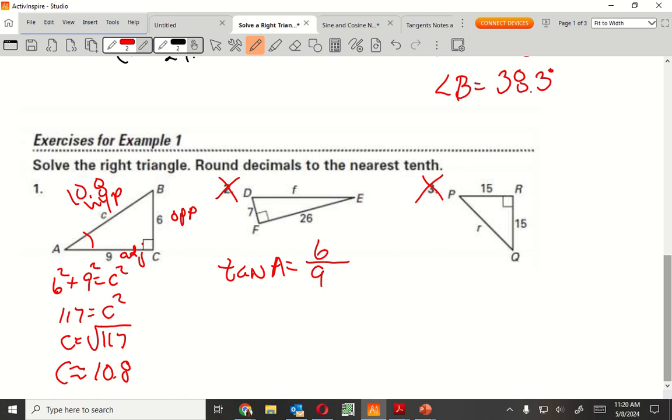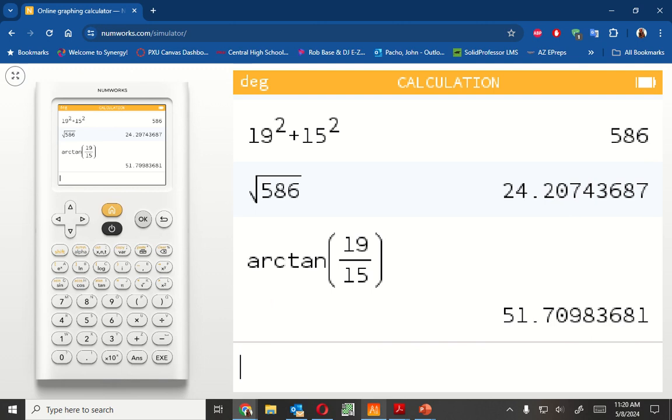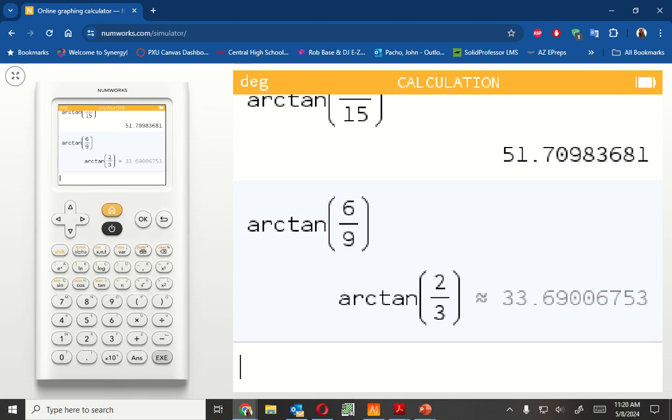So arctangent of 6 over 9 is equal to A. So shift tangent 6 over 9. That's going to be 33.7 degrees.